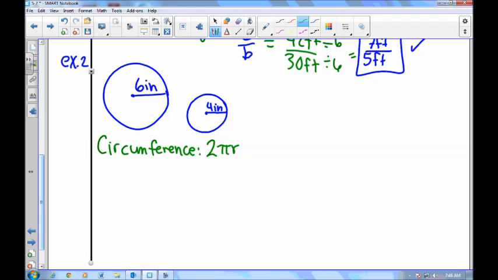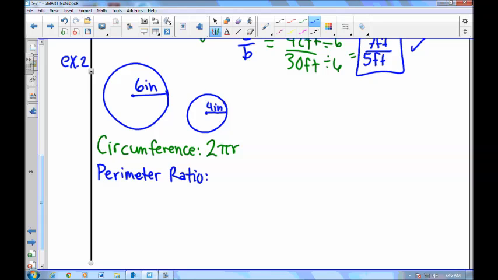All right, let's write the similarity ratio, which is the same as the perimeter ratio. Well, let's find the perimeter of the large circle, meaning the circumference of the large circle. The formula for circumference is 2 pi r.